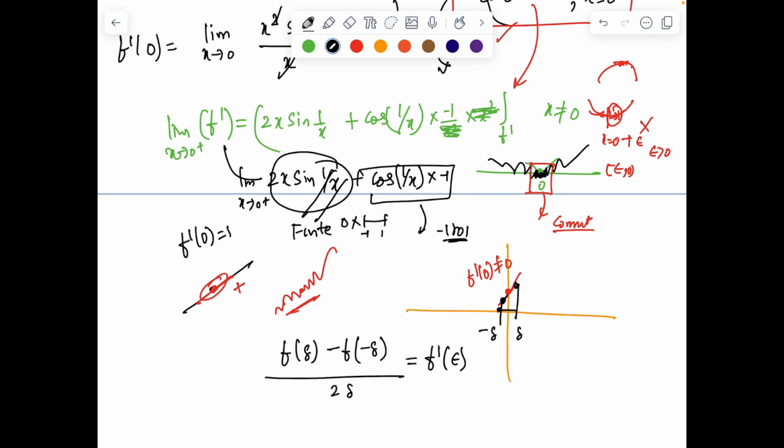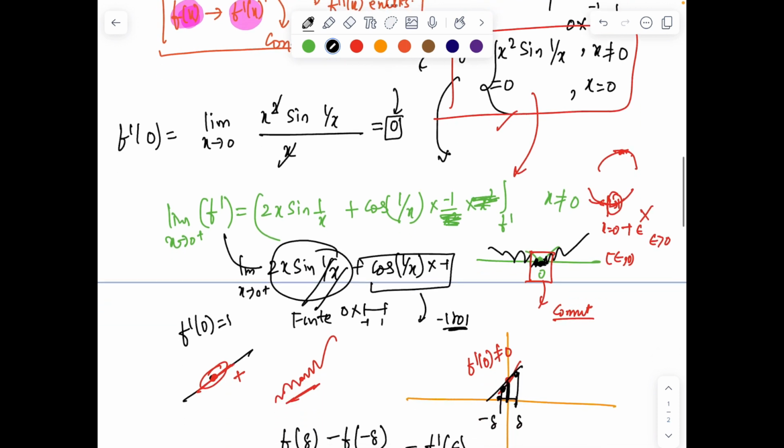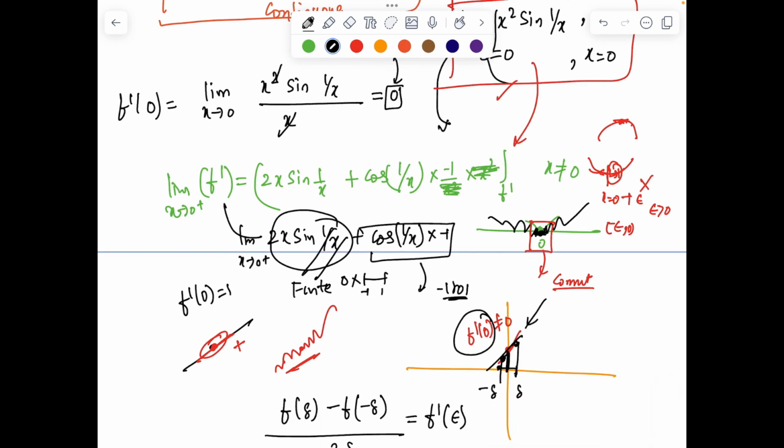And in this interval, exactly at 0, its derivative is non-zero. And there is no oscillation behavior because it's twice differentiable. It means the derivative is also continuous at that point.